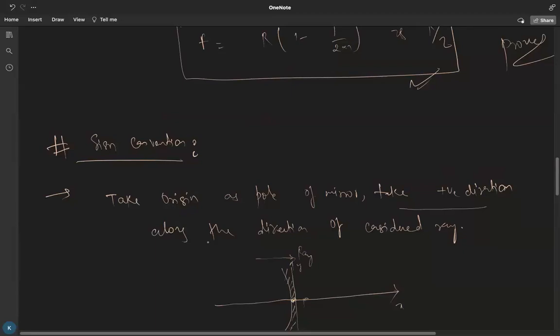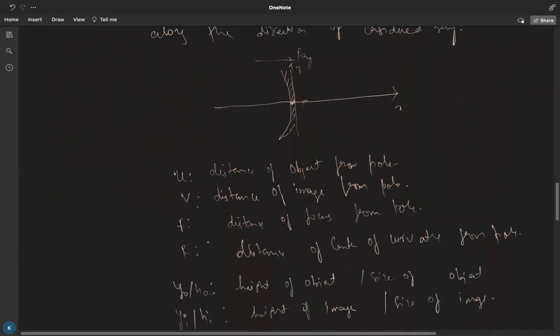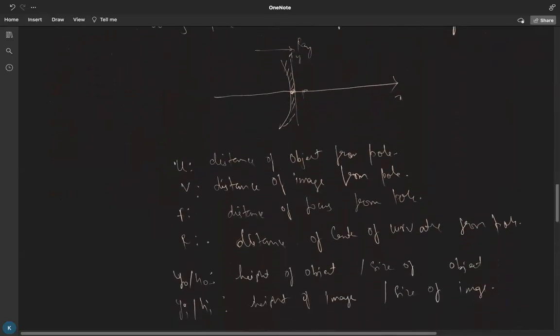I hope it will be clear and understandable to all of you. So you just take the positive direction along the direction of the considered ray, and then you just write according to the following.